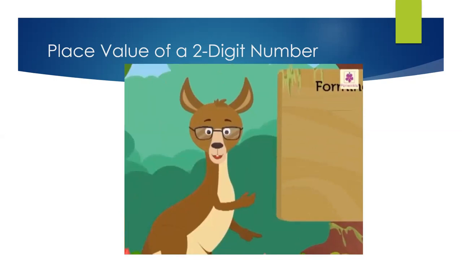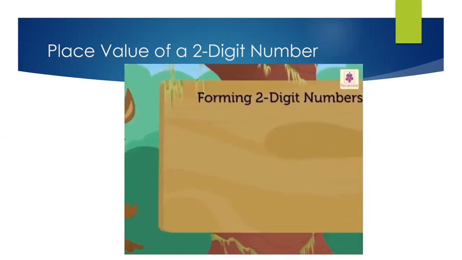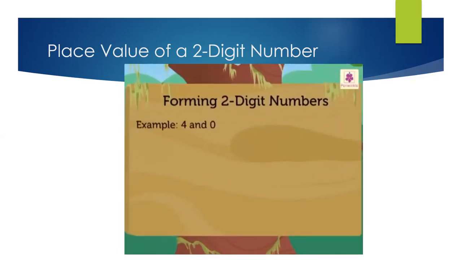Now, let's solve one more example to understand in a better way. We have the two digits 4 and 0. Here we can form two numbers 04 and 40. But 04 is the one-digit number 4.